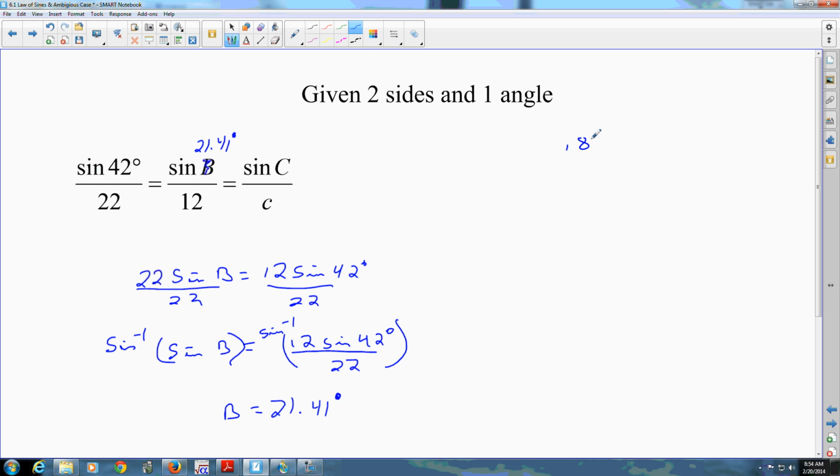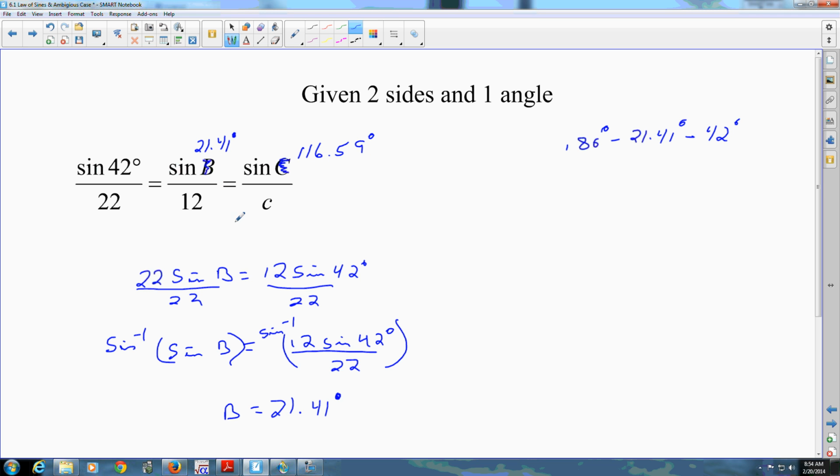So go 180 minus the angle you just found, 21.41 degrees, minus the angle that you're told, 42 degrees. And that will find you angle C. So 180 minus that answer, minus 42 degrees, gives me this angle is 116.59 degrees.